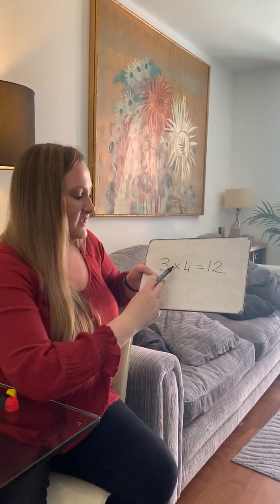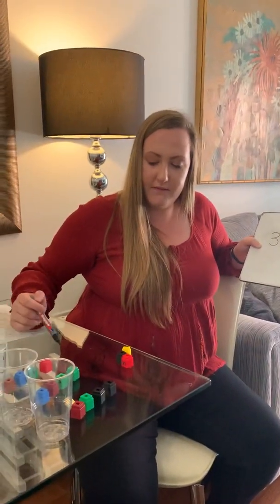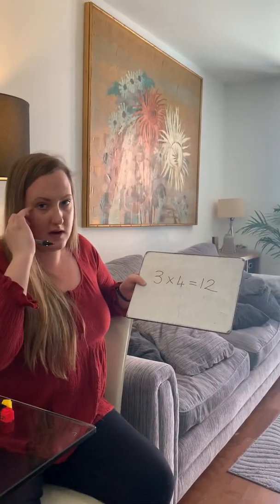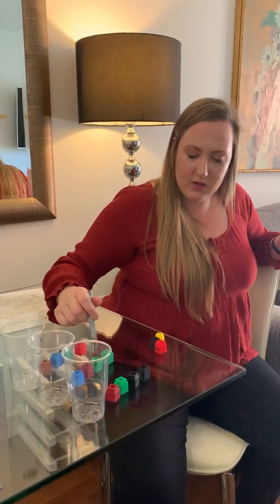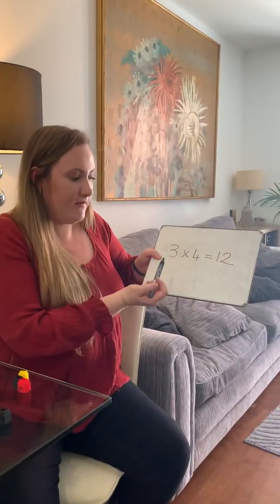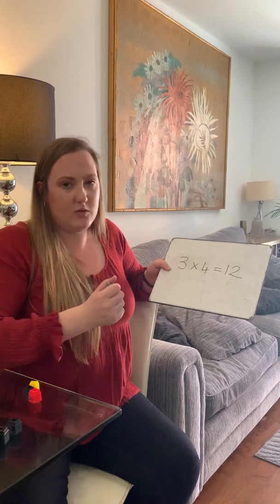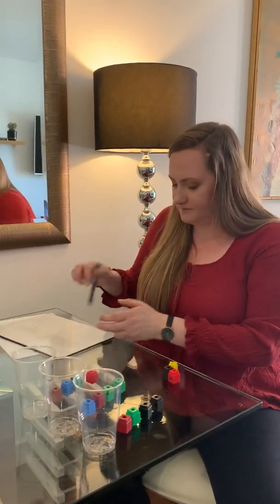So 3 times 4, 3 groups of 4 is 12. Can you see I have 1 group of 4, 2 groups of 4, 3 groups of 4 is 12 altogether. Okay, let's do one more.